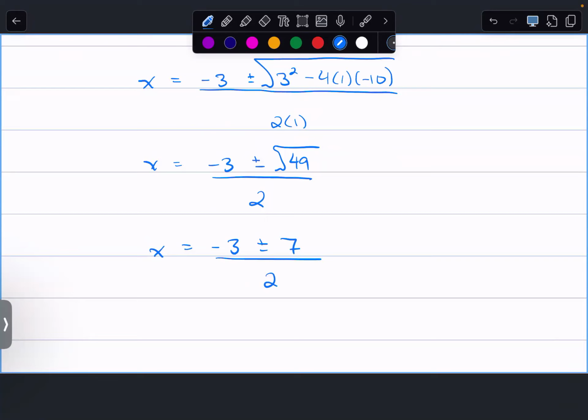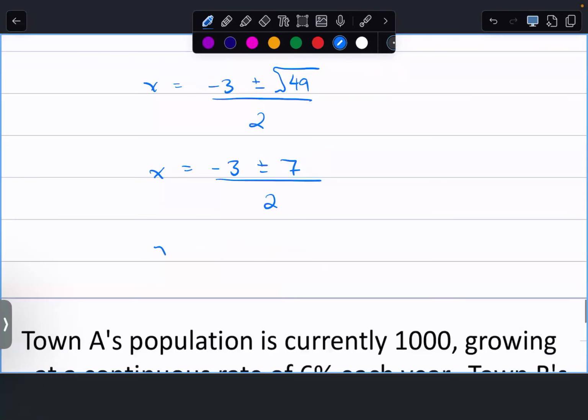We'll do the lower one first, just because of how they will appear on our graph, but it doesn't matter. Negative 3 minus 7 divided by 2. So x is going to be negative 5 or negative 3 plus 7 divided by 2, or 2. This is where we need to be super careful, right? Because now we need to check the domain.